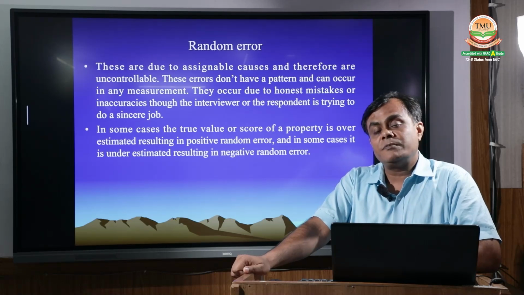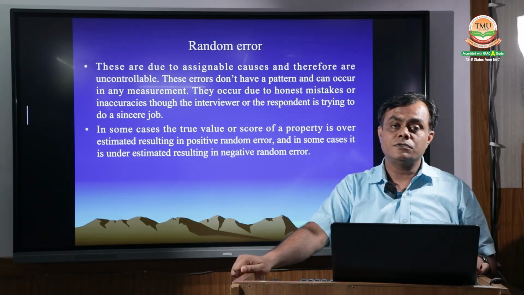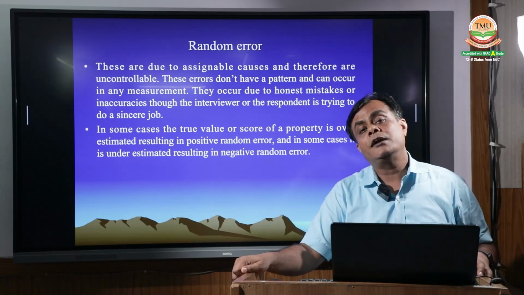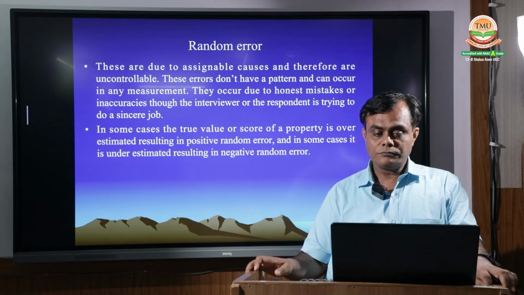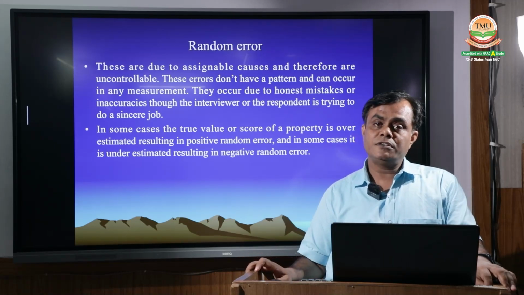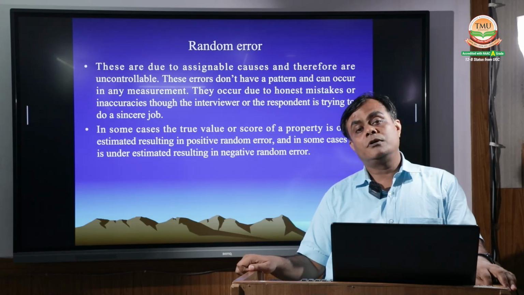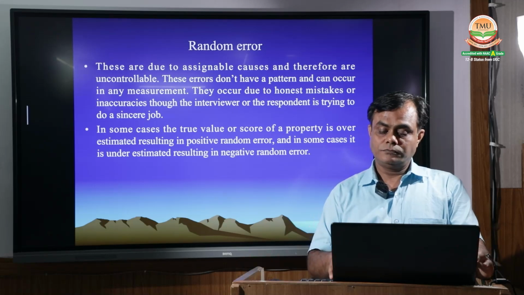That means it is a controllable measurement error, and it can be controlled by the researcher whenever they understand that they are using faulty measurement instruments. So systematic error is also known as the controllable measurement error.